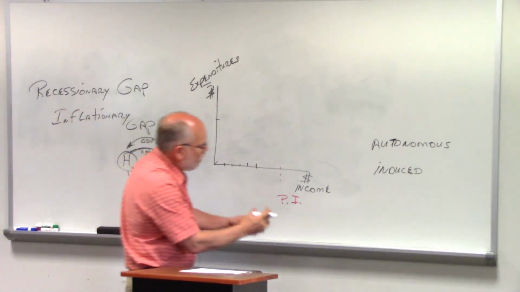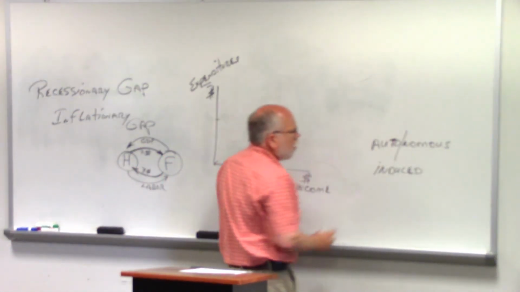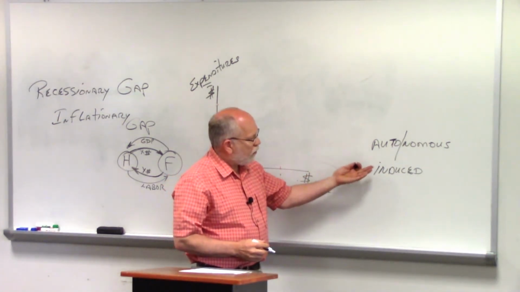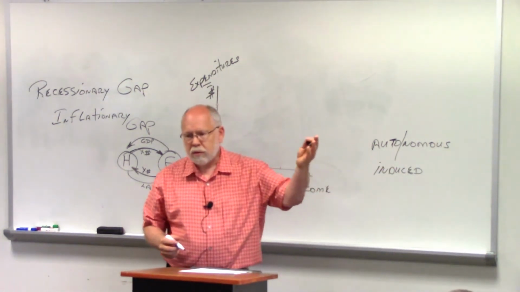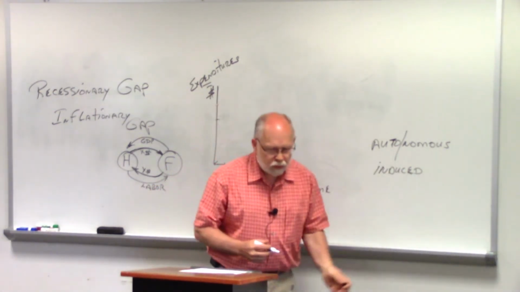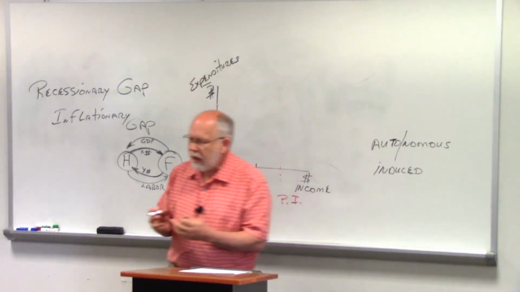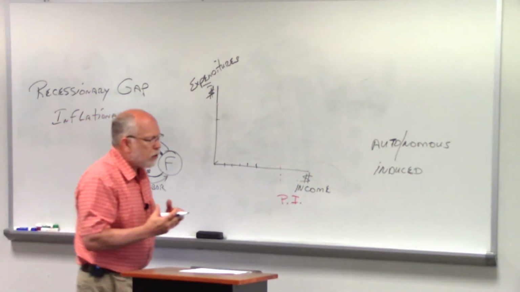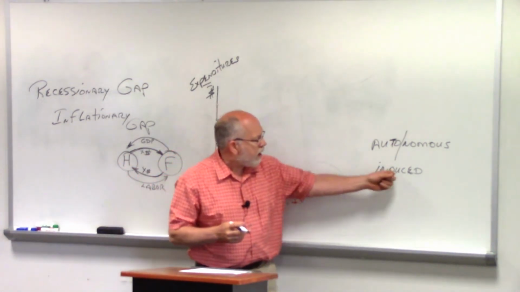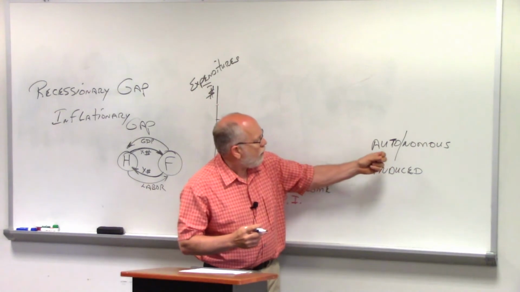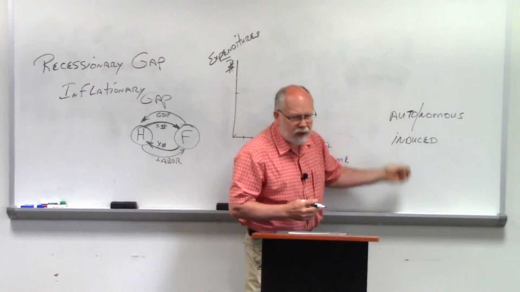Well, let's take the word apart for a second. We got auto, nomos. Auto means self, nomos means law, and so that's self-law or self-ruled. And by that term, Keynes said that there are some expenditures that everybody makes that are not induced by their income, but really dependent upon their self-determination.